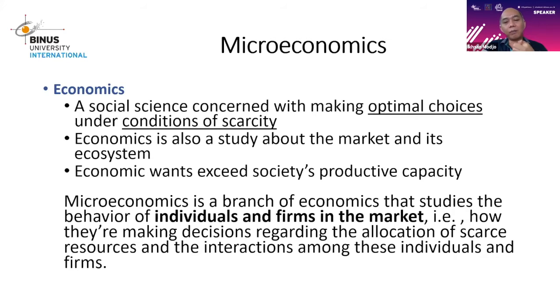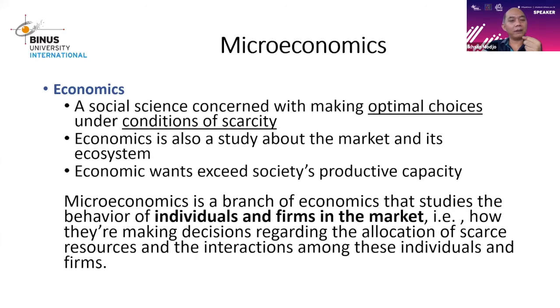So there are three components that make up the market: the individuals or the buyers, the firms or the suppliers in the market, and the interactions between buyers and suppliers in this market.